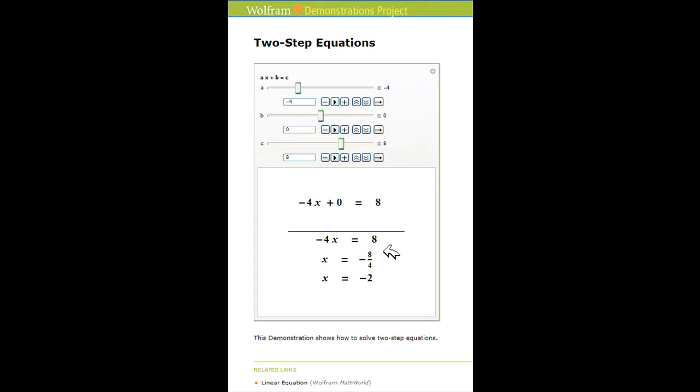Both sides by negative 4. Get negative 8 fourths, which is negative 2. Divide by negative 3, divide by negative 2, divide by negative 1. Now you divide both sides by 2. See the pattern?